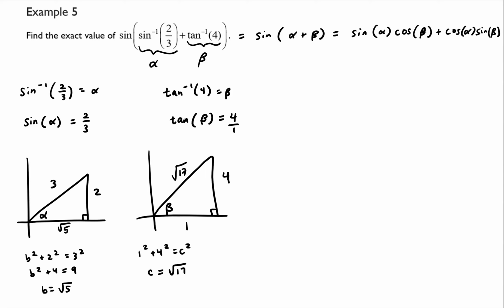Okay, so let's go ahead and fill in these values. Sine of alpha we know from here, so that's going to be 2/3 times cosine of beta. So cosine is adjacent over hypotenuse, so that's going to be 1 over the square root of 17, plus cosine of alpha is adjacent over hypotenuse, so that's going to be square root of 5 over 3 times sine of beta, which is opposite over hypotenuse.